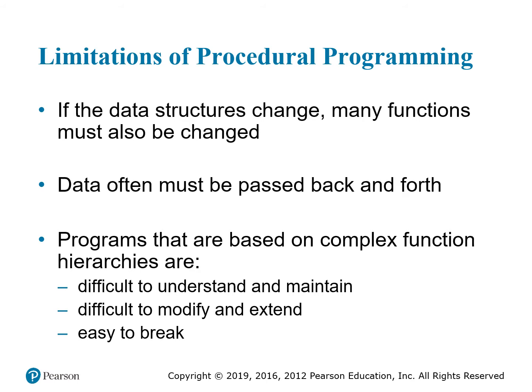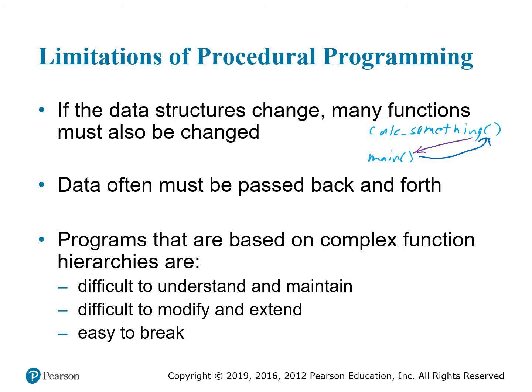In procedural programming, data often must be passed back and forth. So in the typical situation in C++, you have main, and you have function calc something. Main has to pass its data up this way to calc something, and then calc something has to return that data back to main.